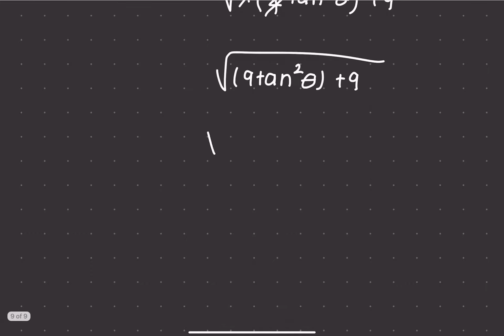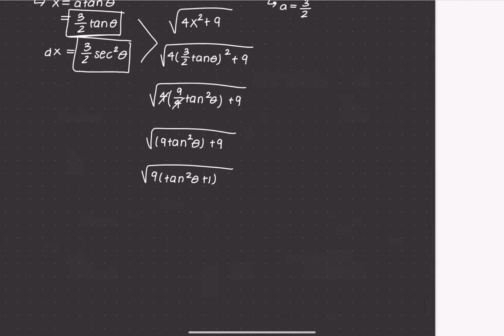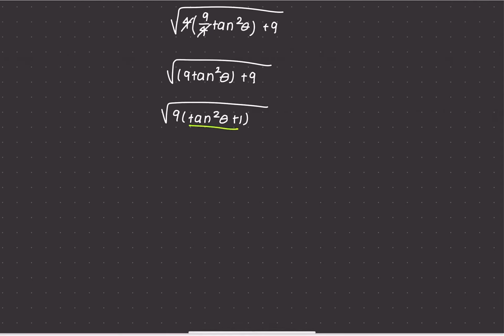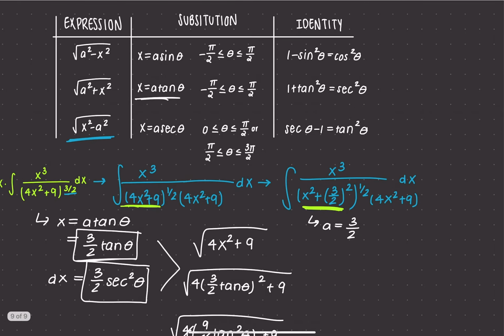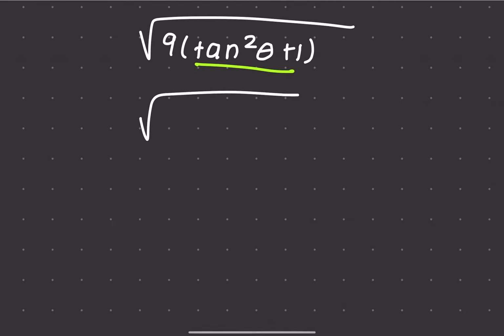We can then take out a factor of 9, giving us 9 times (tan squared theta plus 1). And at this step, we realize that tan squared theta plus 1 equals secant squared theta using our identity portion. So we can rewrite this as 9 times secant squared theta.